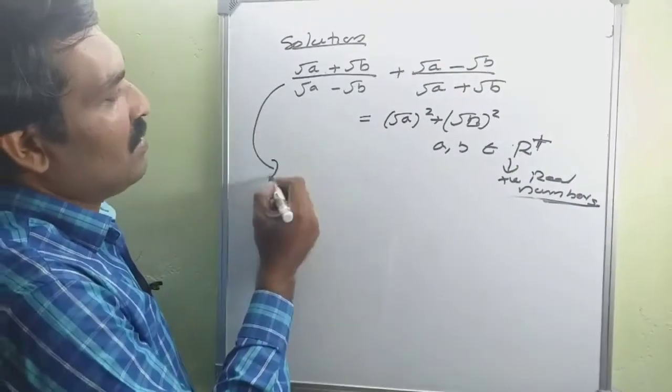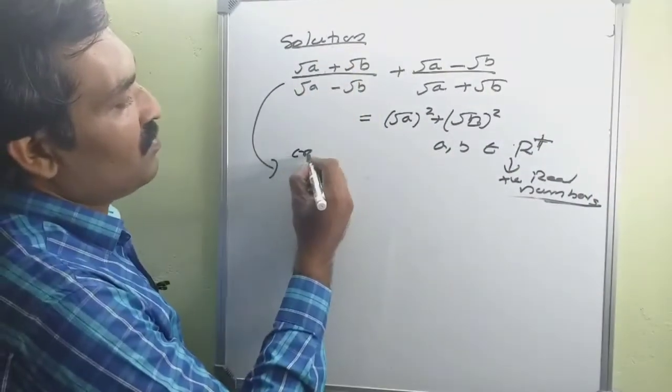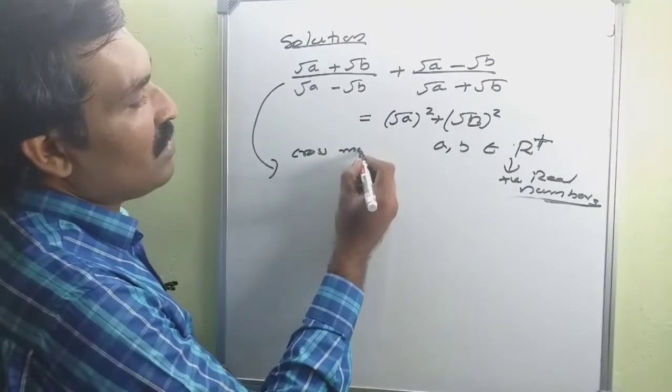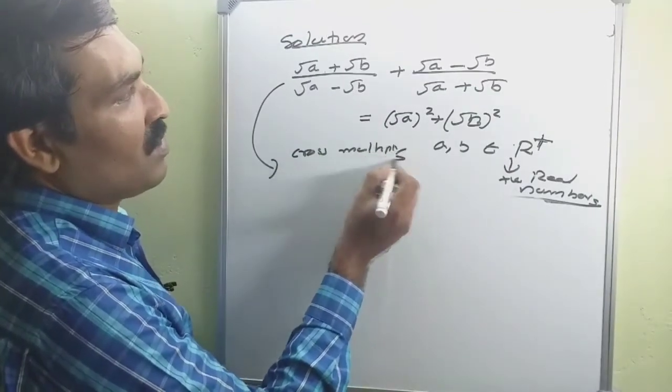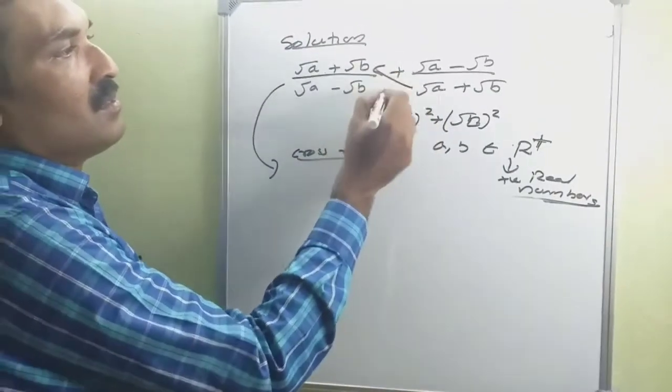Cross multiply. What we get? This into this and this into this.